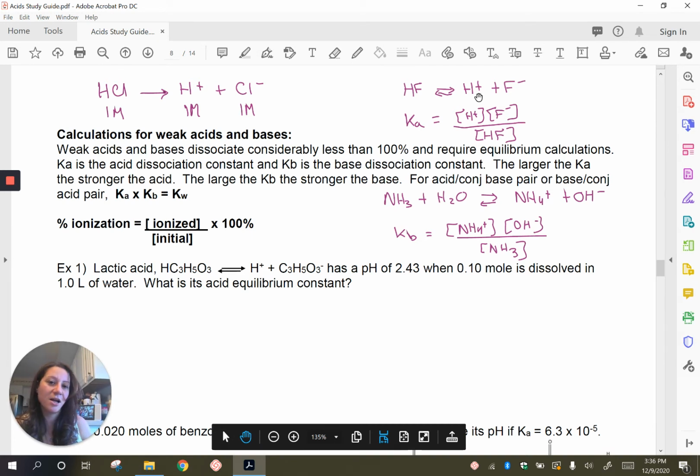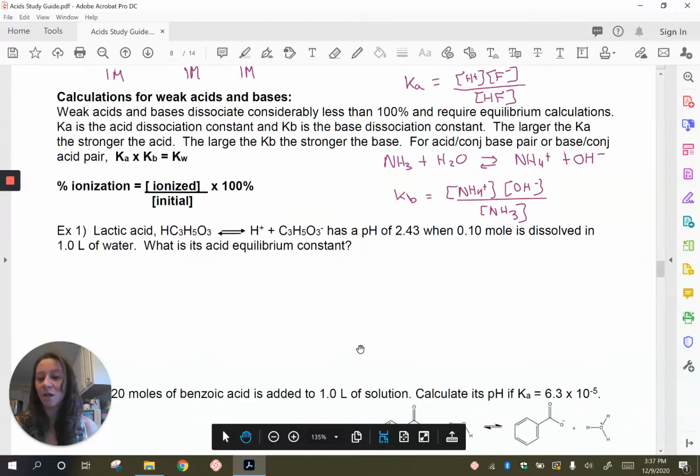So if this was 1 molar, for example, and when we did this in water, we got 0.02 molar of the H plus, then the 0.02 molar is what ionized, so we put 0.02 molar here, divided by the initial concentration, which is the total possible, 1 molar, and then times 100%. So both Ka and Kb or percent ionization tell you about the strength of the acid or base and help you figure out what the pH or what the molarity is.